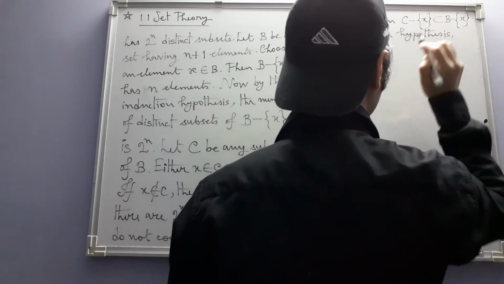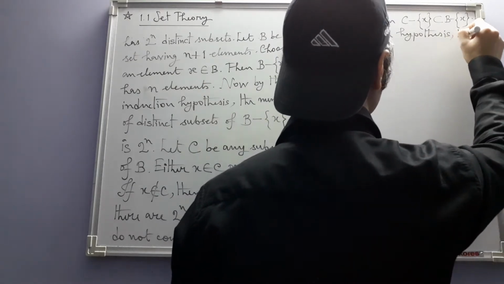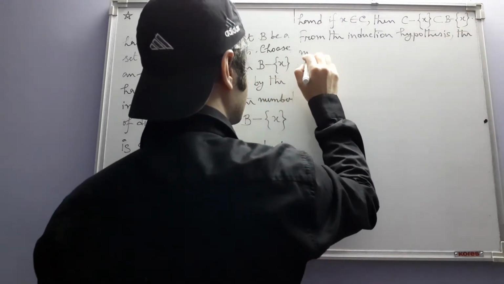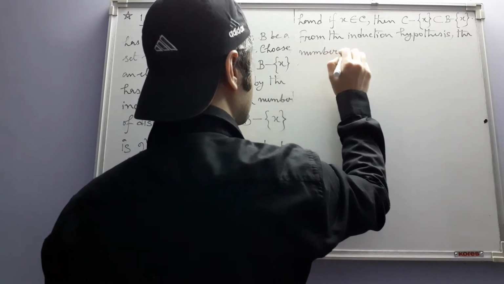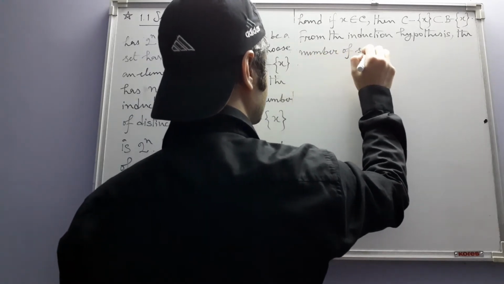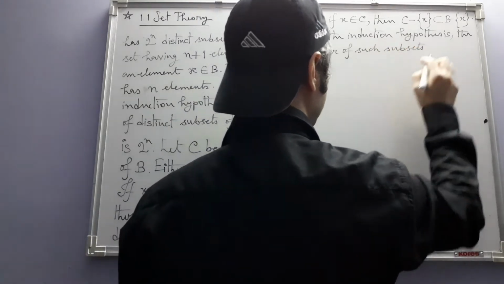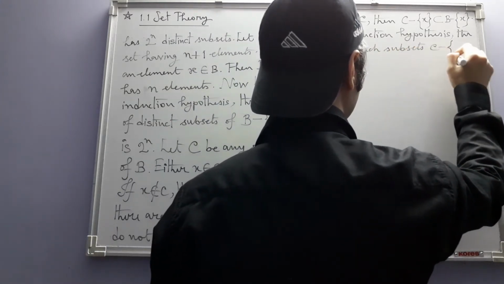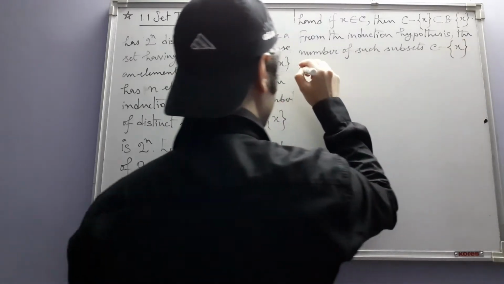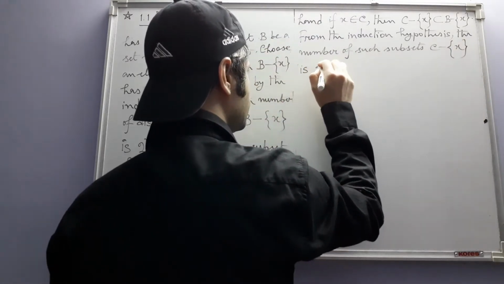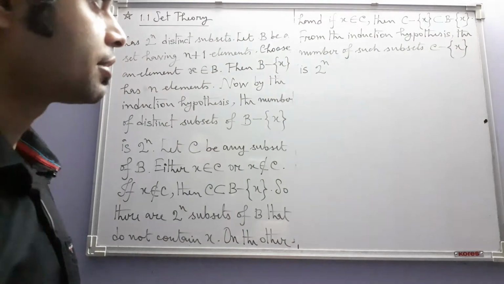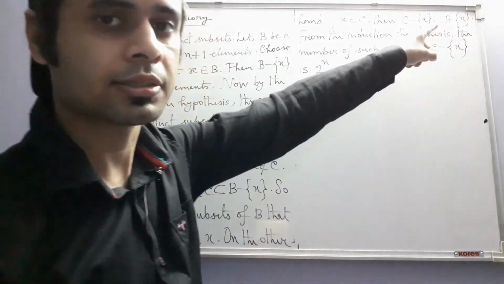From the induction hypothesis, the number of such subsets C minus x is again 2 to the power n, because after all this is a subset of B minus x.